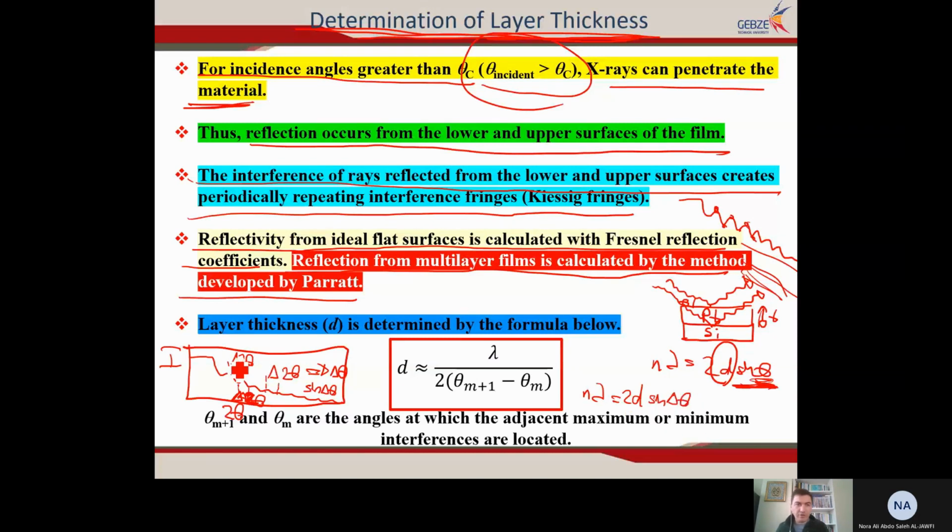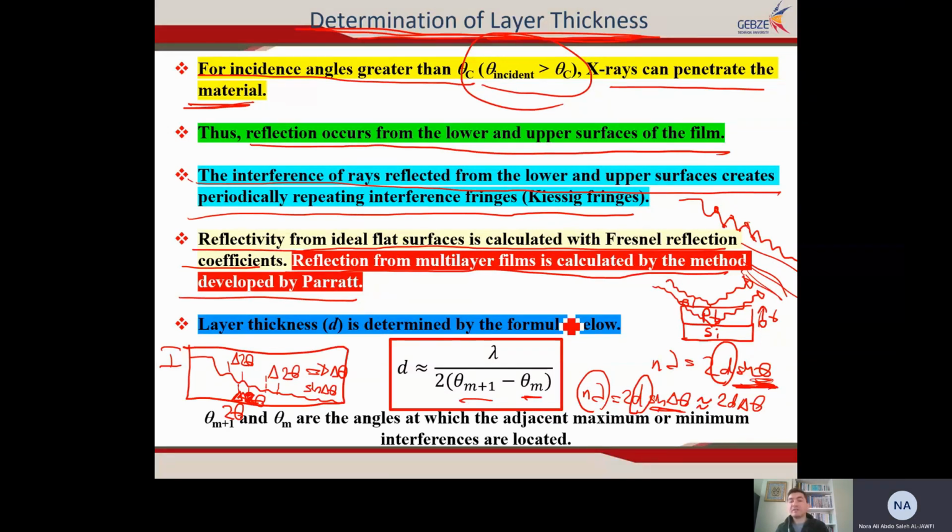You know the wavelength from the measurement, and you can calculate the thickness of the film by using this formula. Since delta theta is very small, you can also write it like this, 2d delta theta. Delta theta is theta m plus 1 minus theta m. Okay, is it clear? Yes, clear.